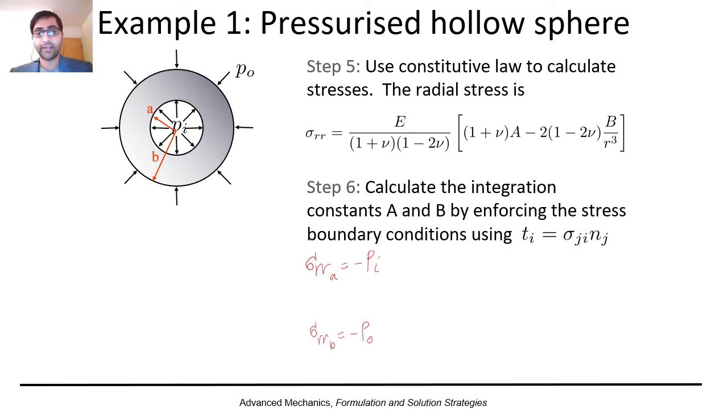So far, we know that sigma_rr at A becomes minus p_i, and sigma_rr at B becomes minus p_o.